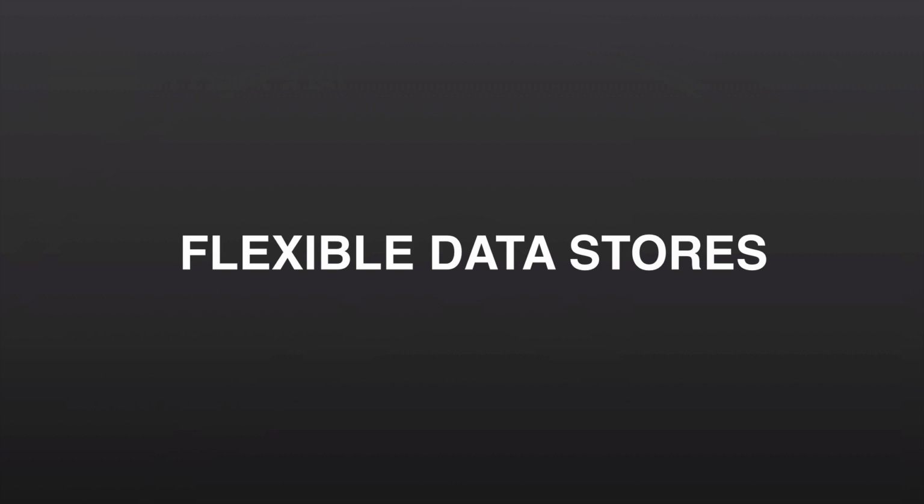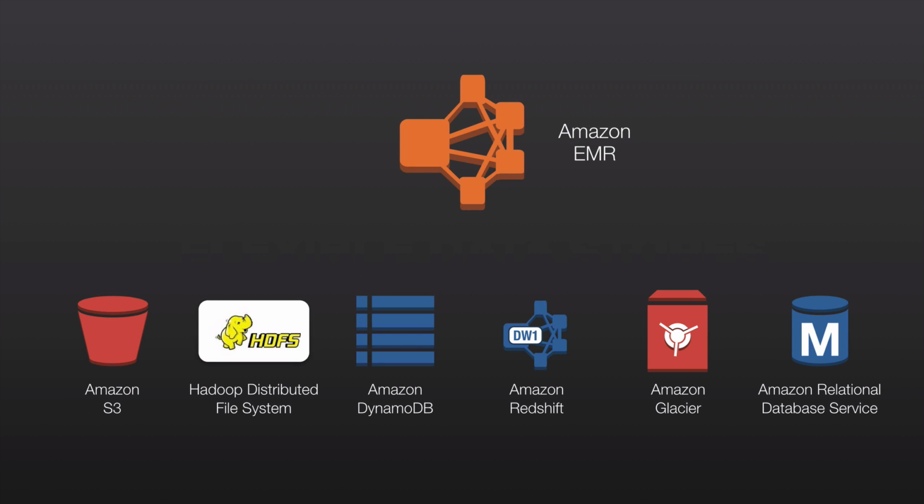third core foundational component of EMR, and as we're looking at mechanisms that we can use to reduce the cost of processing large amounts of data, integration with a variety of different storage options can be an important characteristic of that. We just talked about S3, but you actually have several different options available to you.